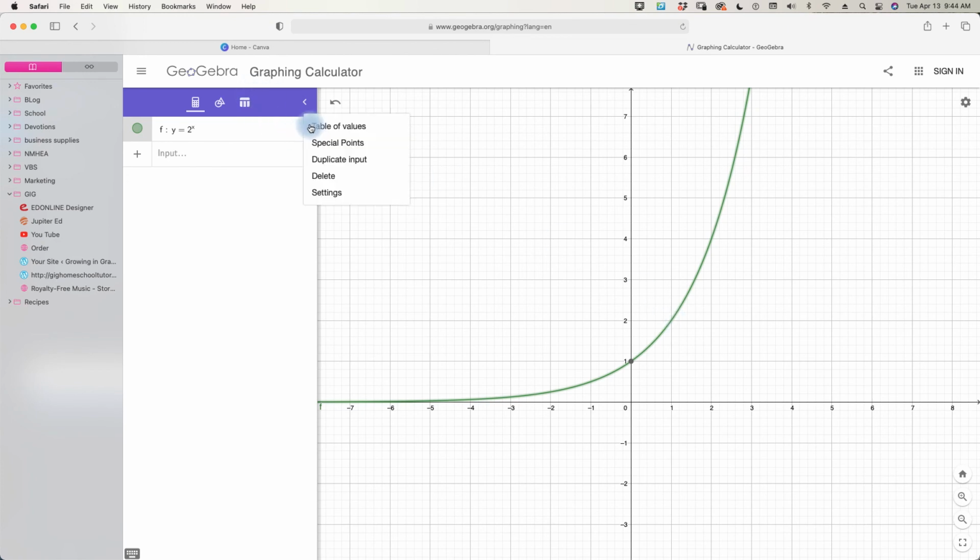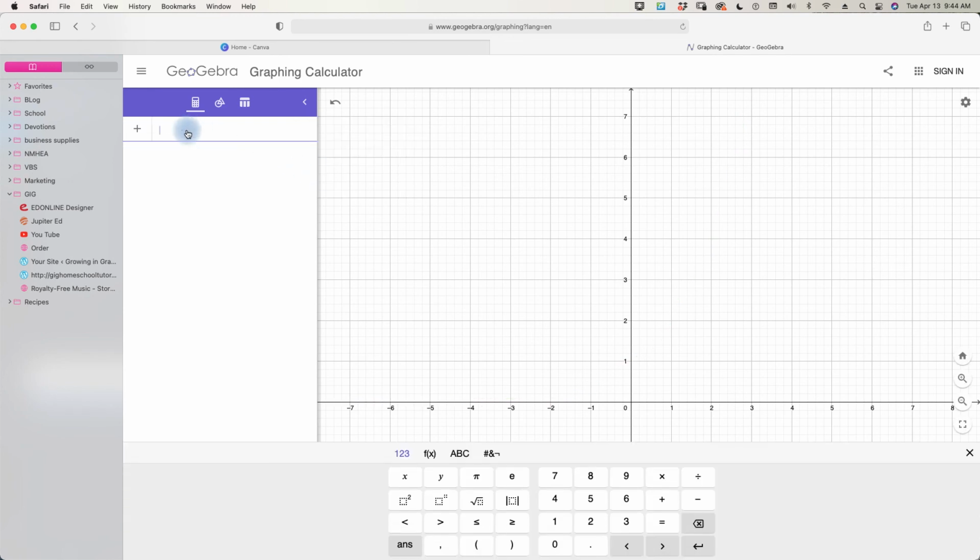So we have another one, and the book gives us y, it's the inverse actually, y equals half with the exponent x. So in order to do that on here, you're going to say y equals, and half is a fraction 1 over 2, which is just 1 divided by 2, right?